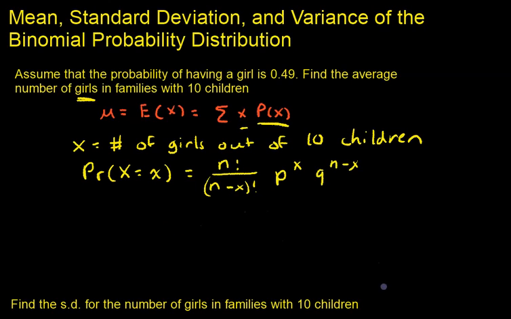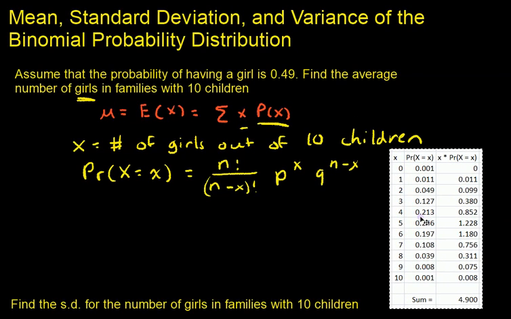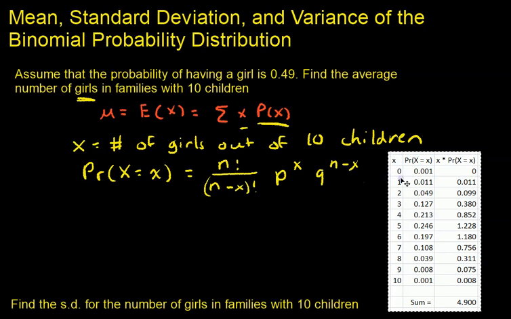As a matter of fact, I did that, so I'm going to paste it now. For all the different values of x, I calculated the probability using this function. The probability that x equals 0 is 0.001. The probability that x equals 1 is 0.011.